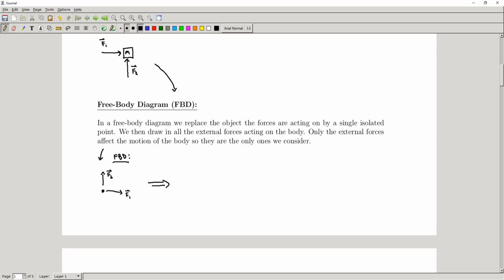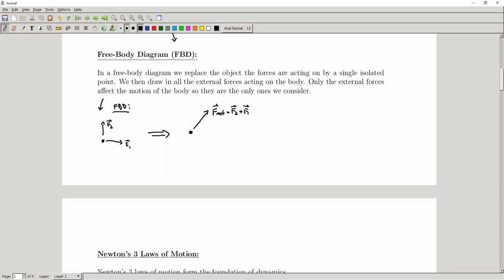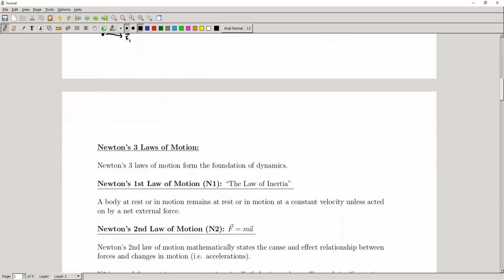Then if we wanted to find what the net force was, we would end up finding that our object has a net force, F net, equal to F2 plus F1, right? And that would be a vector for sure. Okay, so that's how we would deal with this pictorially. We're going to see how this all applies as we get into some of these examples.